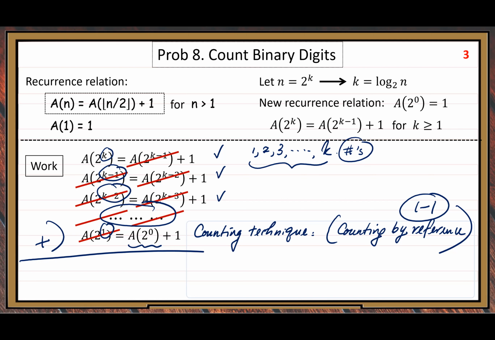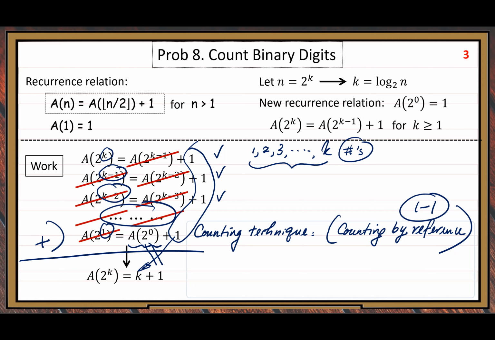So we can get our answer easily. A of 2 to the kth equals k plus 1, because this base case equals 1, and there are k 1s. So that's the k part. Okay, k plus 1, that is the answer, an exact number. Accurate, no approximation here.